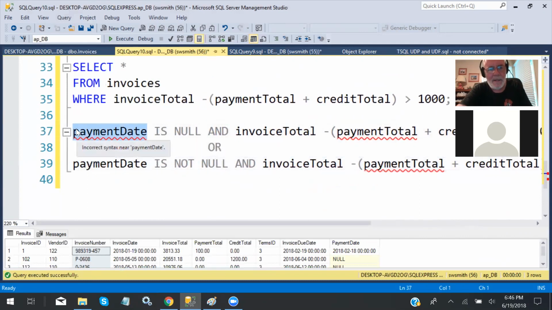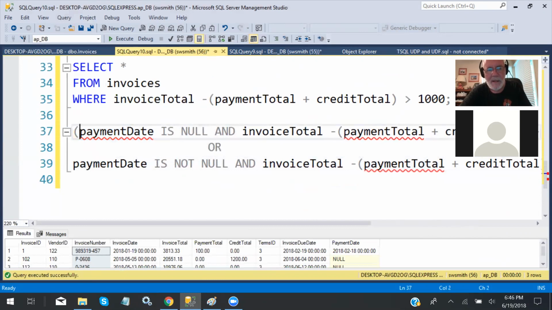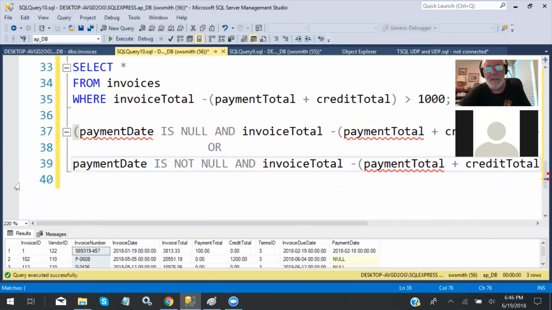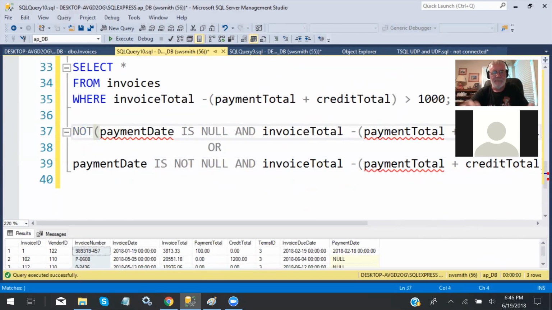Okay, how do I get that? I changed the second one. Well, you can apply some logic to it, but the easiest thing to do is put it in parentheses and go right in front of it and put a not. All right. And if you do that, you will get your 2 records.